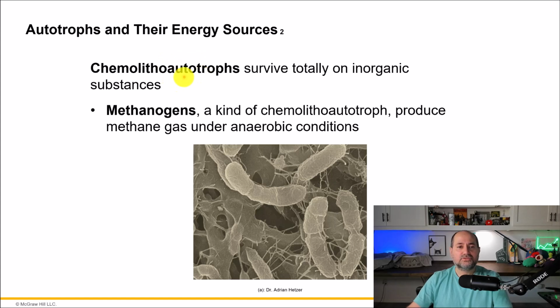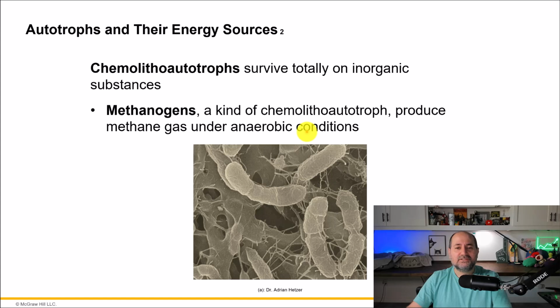Isn't that neat? So for instance, that wouldn't be you and me, would it? That's not humans. But methanogens, this is a type of archaea, right? These archaea are a kind of chemolithoautotroph that produce methane gas under anaerobic conditions. Isn't that neat?